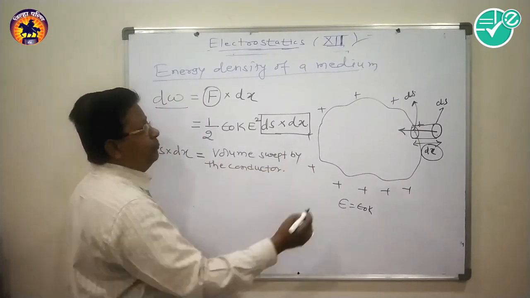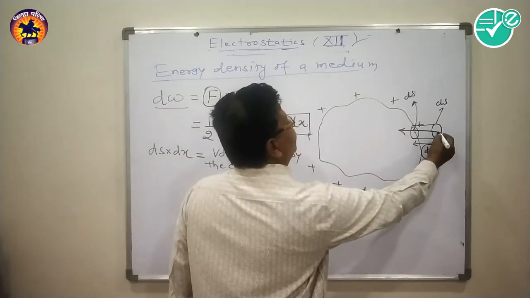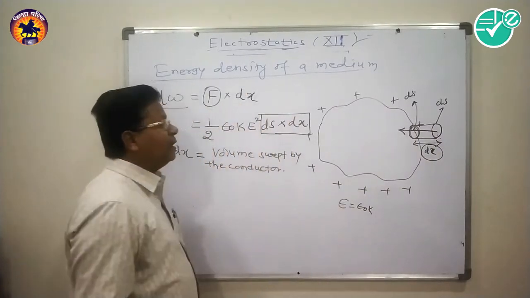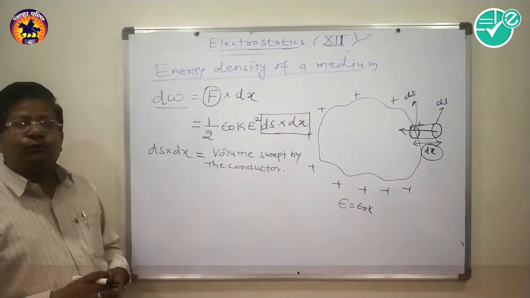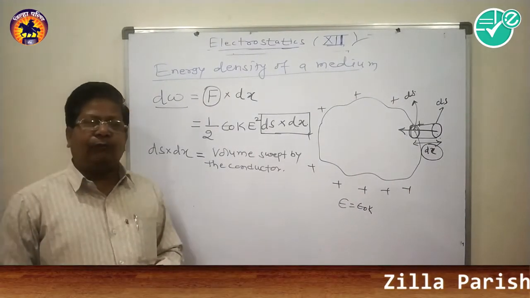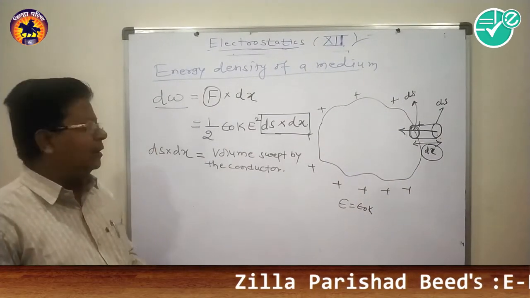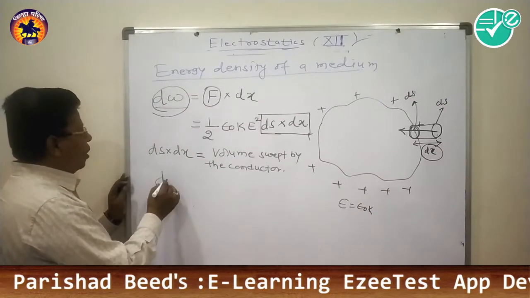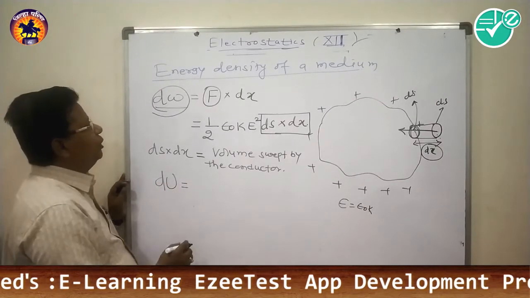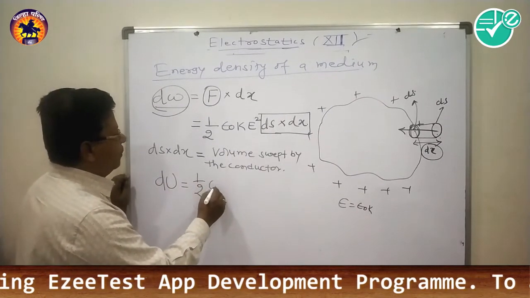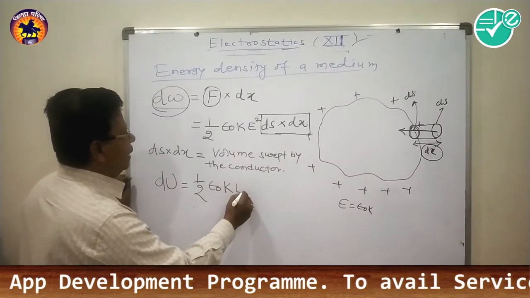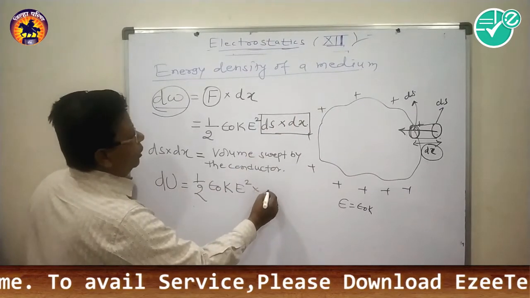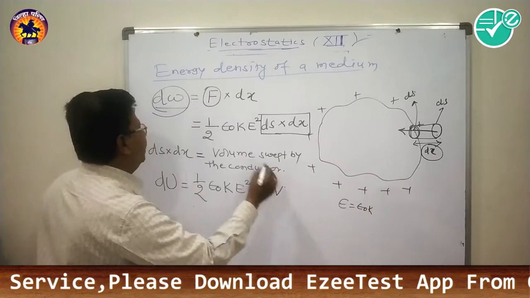And when we bring this area ds, which is pushed outwards, to its original position, the work is done, and that work is stored in the medium in the form of electrostatic energy. And therefore the work is stored in the form of energy dU, which is equal to half epsilon 0 K E square into ds into dx, which is the volume swept, that is dV.